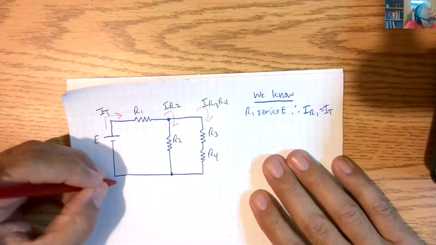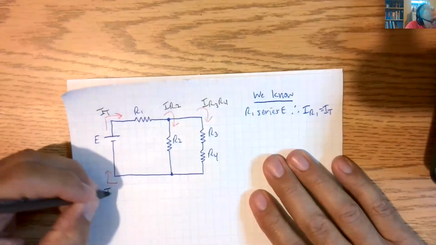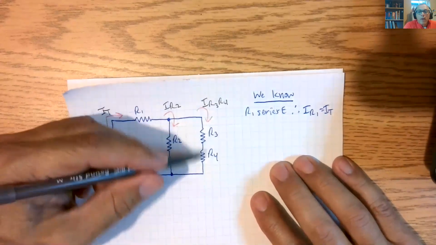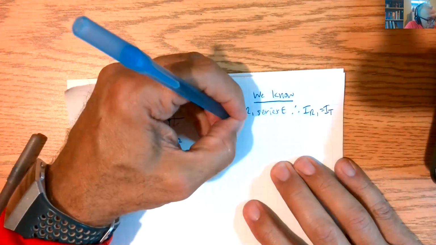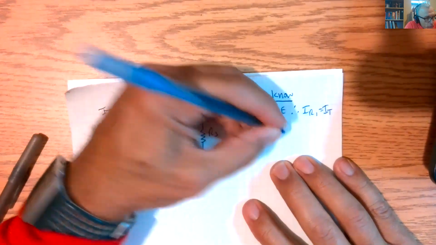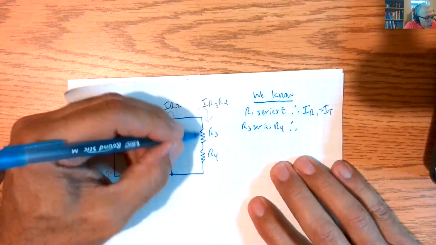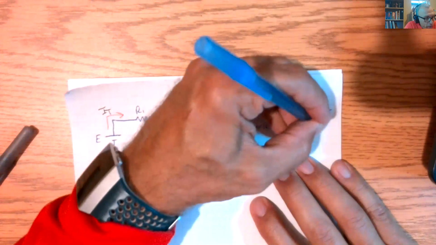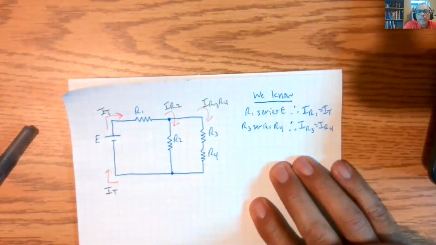Let's think about this circuit now. R3 is in series with R4. Therefore, the current going through both is the same. I of R3 is equal to I of R4. All right?